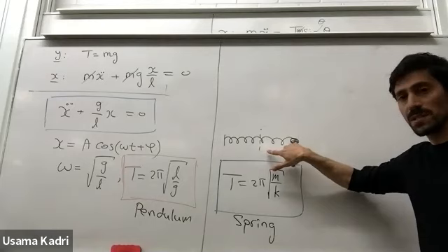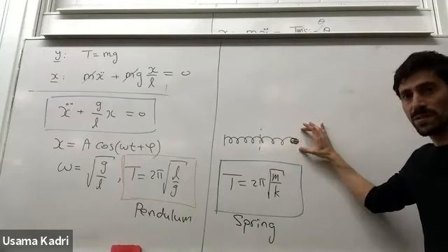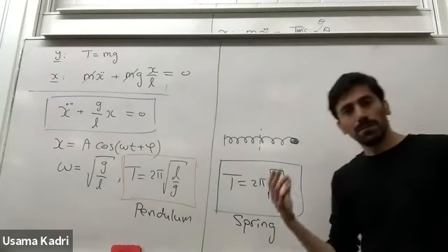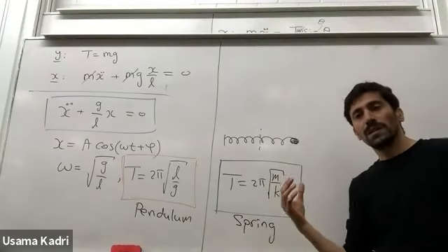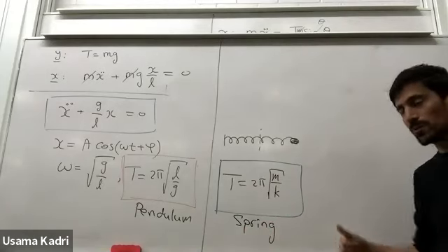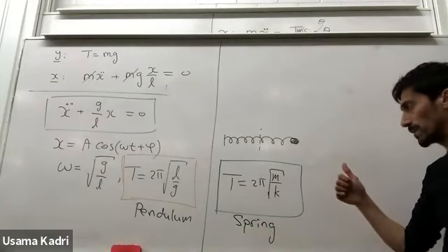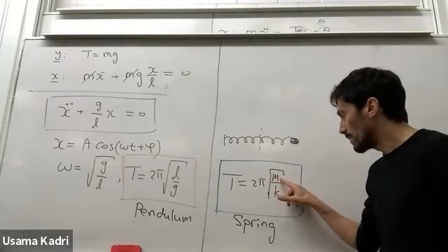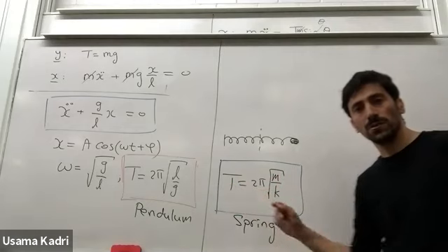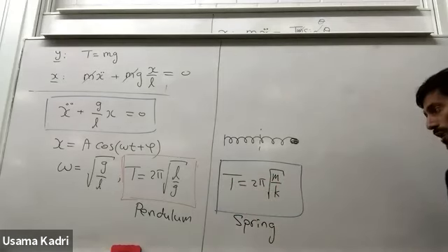Because we did not change the distance. If the mass is increasing by some factor, the acceleration has to decrease by the exact factor. So acceleration goes down whenever mass goes up, and the other way around. And therefore, when the mass goes up, acceleration goes down, and the period has to become longer and longer.